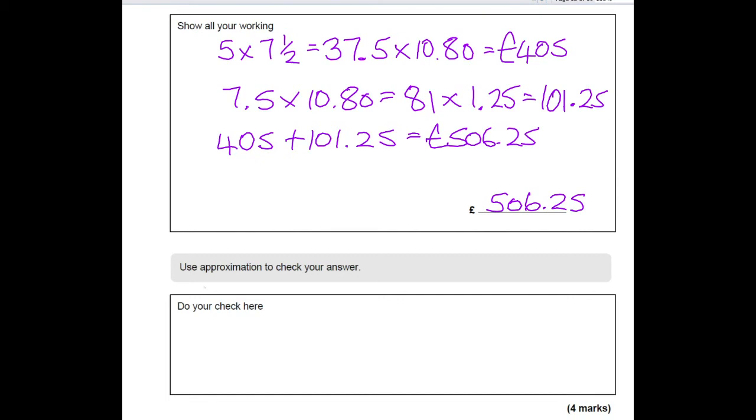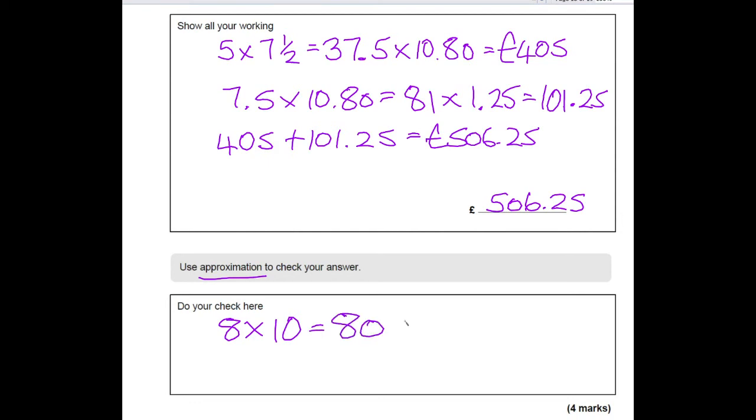The last part of the question asks us to use approximation to check your answer. So the quickest and easiest way to do this is if we round her number of hours a day at 8 and multiply it by a rounded amount, which is £10 an hour, so that's £80 a day.